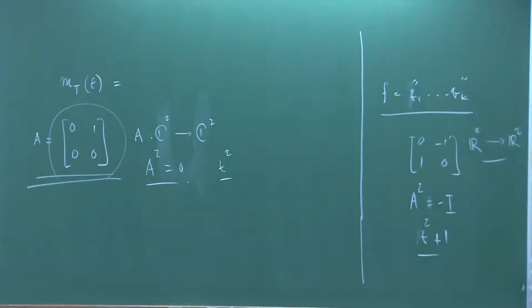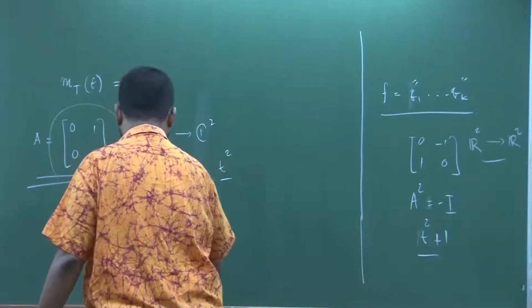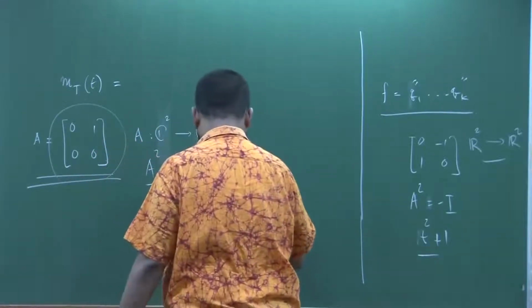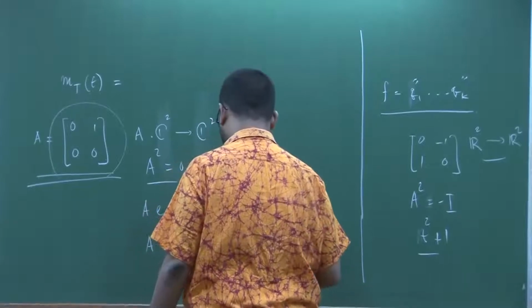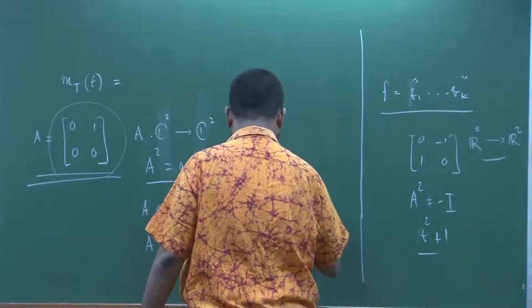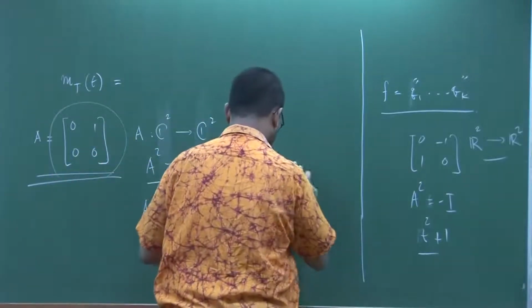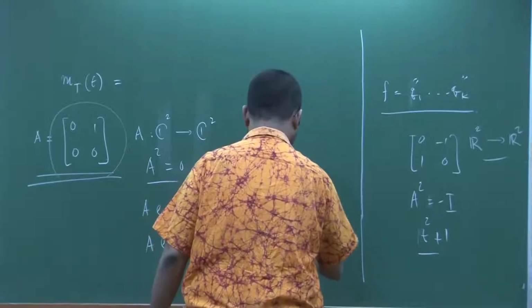So, what is the operator here? The operator is A E1 equal to 0 and A E2 equal to E1, or more generally A of (x, y) equals (y, 0).